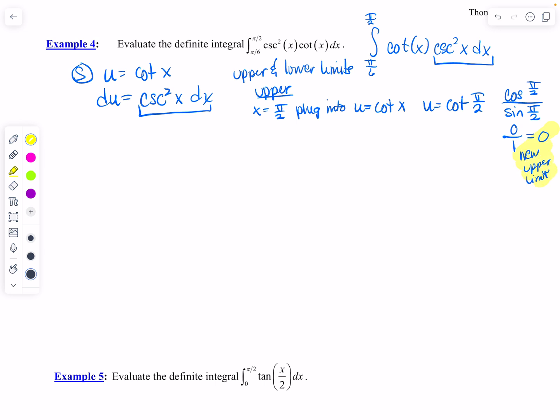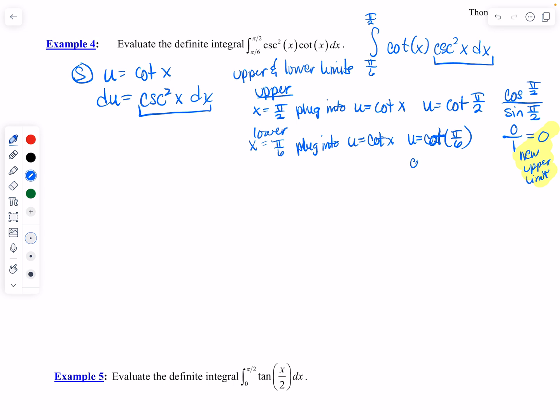Okay, let's look at the new lower limit. So lower, x equals pi over 6. So we're going to plug this in. u equals cotangent x. So u equals cotangent at pi over 6. All right, pi over 6 is 30 degrees.